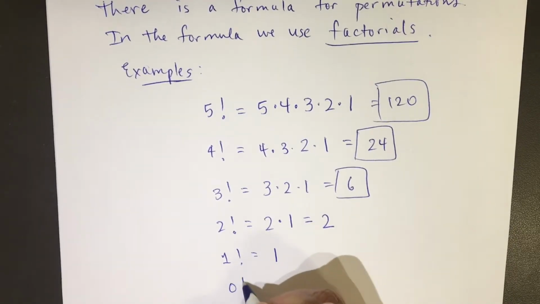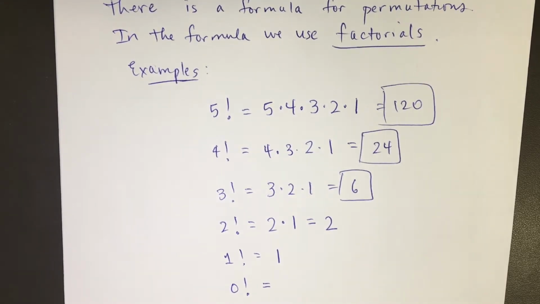and by definition, 0 factorial. If you're not sure about 0 factorial, put it in your calculator. Oh, I need to show you where the factorial key is. But 0 factorial equals 1 by definition, because we said so kind of thing.